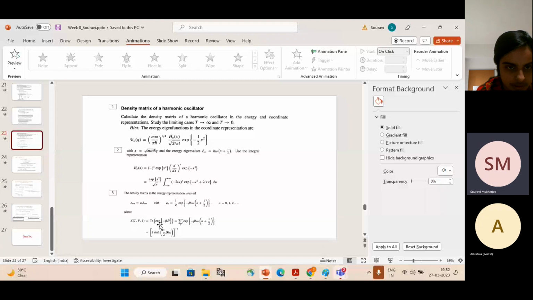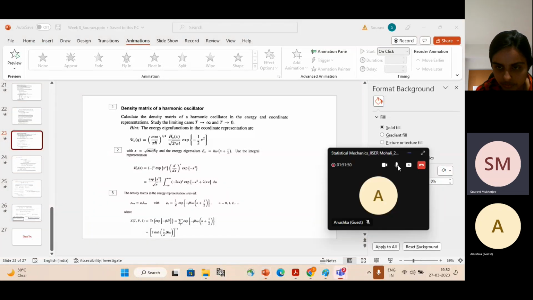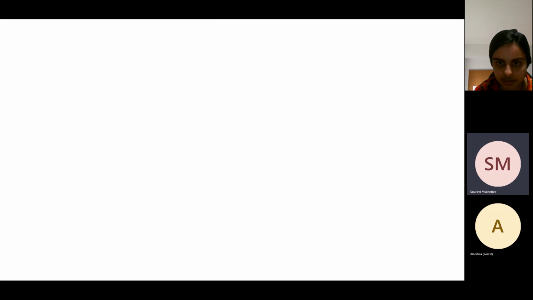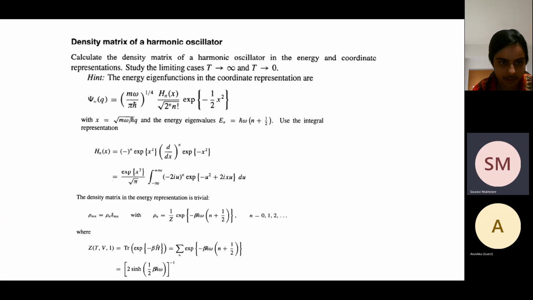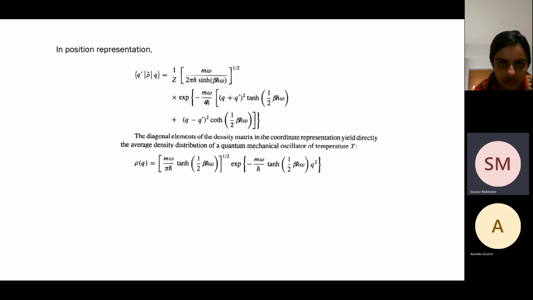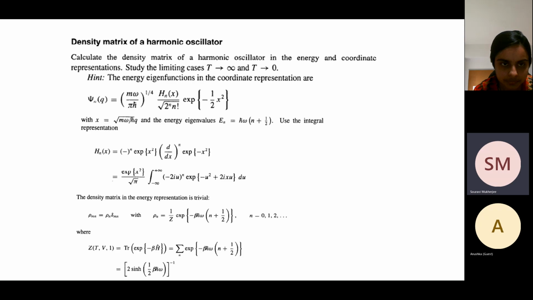So if you look at the expression here, this is your Z. So what is your rho n, the individual density matrix elements?